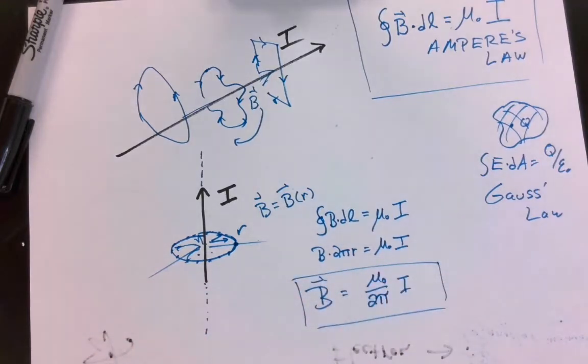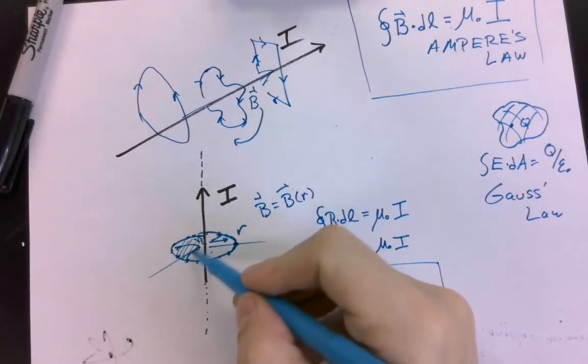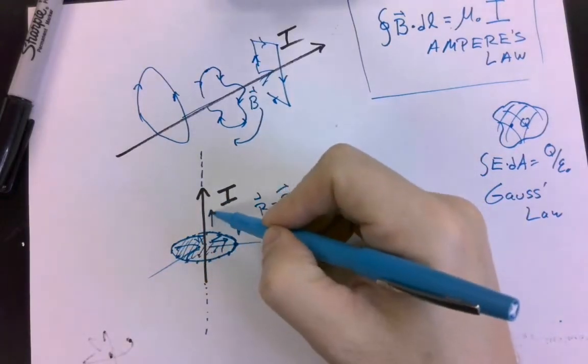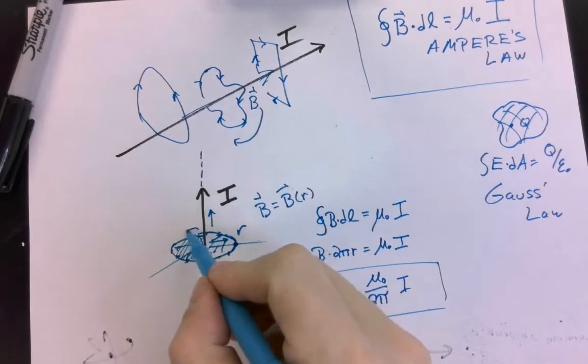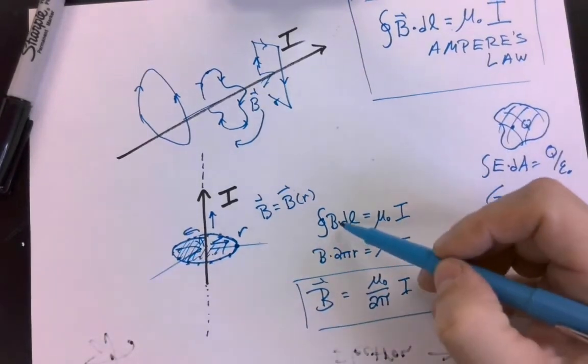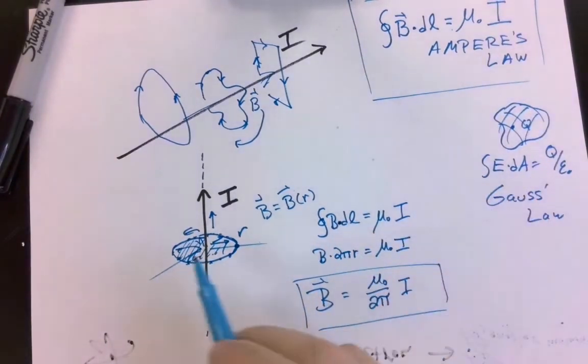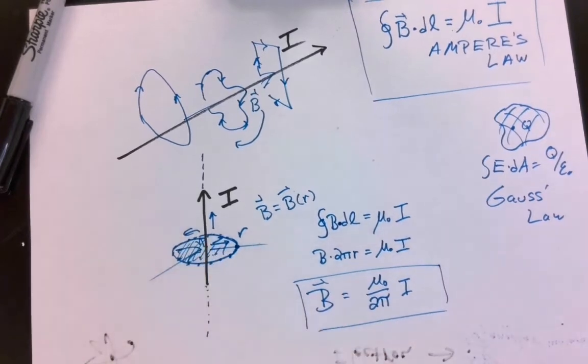What's the direction of the magnetic field? Well, if I have a positive current in this direction, and we go around our loop in this direction, this dot product, they're in the same direction, so that dot product just gives plus 1.